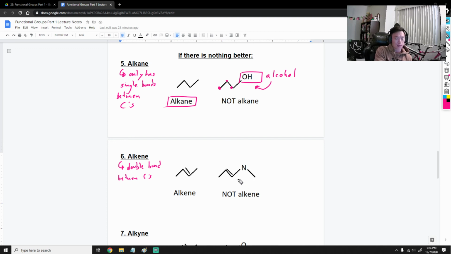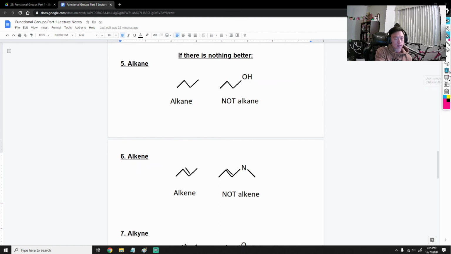But here, the one on the right is not going to be an alkene because there is a double bond between carbons, but there's something more interesting. There's a nitrogen, so this would be an amine. This would not be an alkene because there's something more interesting than the double bond. So if the only thing that's interesting to look at in your structure is a double bond between carbons, we'll call that an alkene.